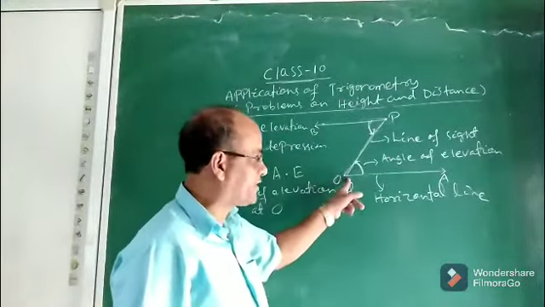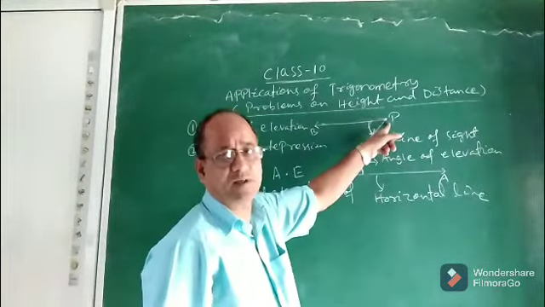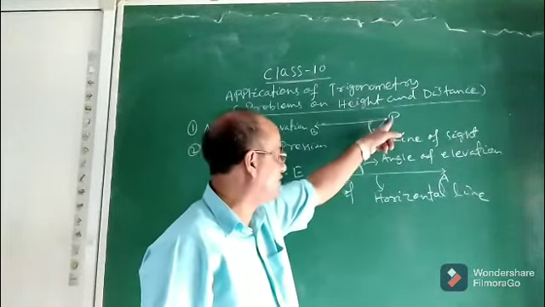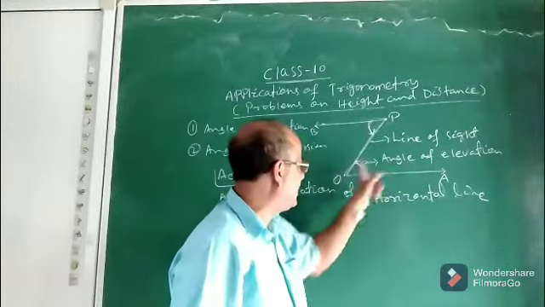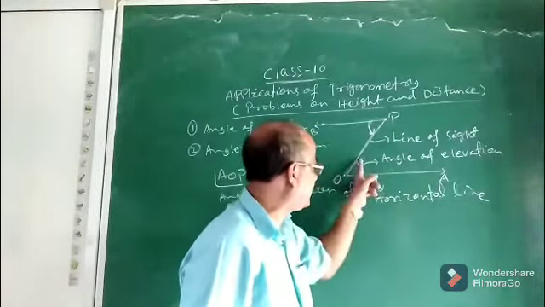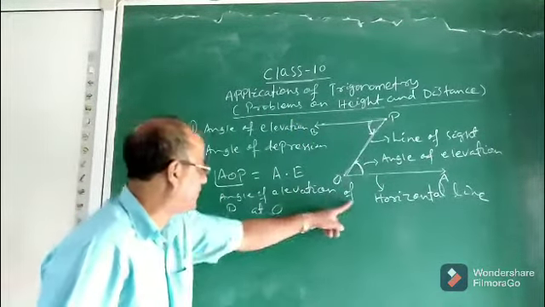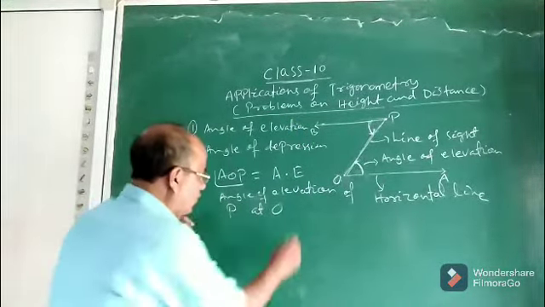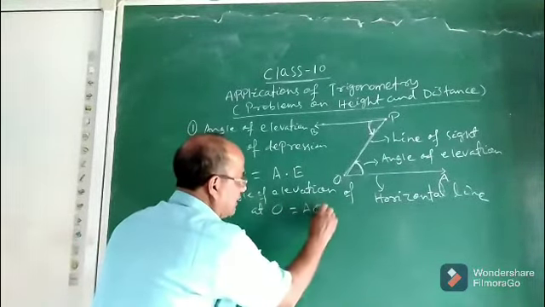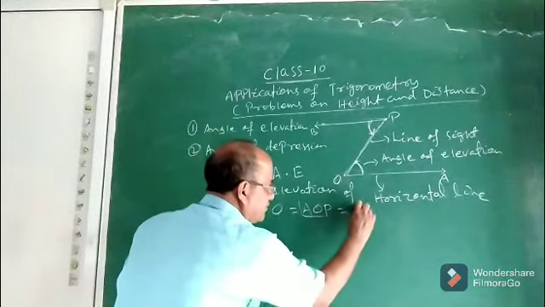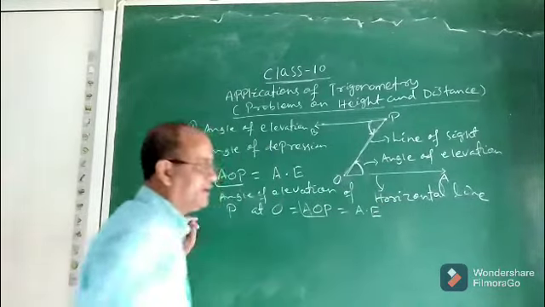This is the position of the bird, the object. If we draw the line of sight and a horizontal line, the angle formed at the point O, which I have written, the angle of elevation of P at O, is equal to angle AOP, and this is known as your angle of elevation.